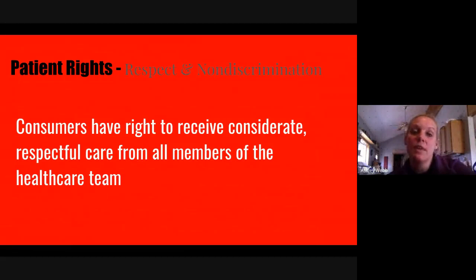And rather than it be easy, maybe, to just brush that person off because the communication barrier makes things difficult, we have to find a way to give them the same considerate, respectful care that we would anybody else. Every single person on that healthcare team has to give that same respectful care.